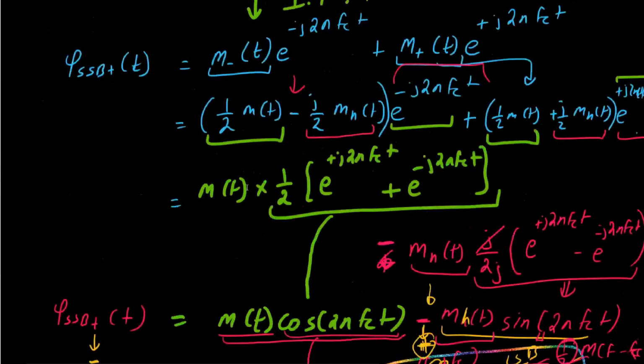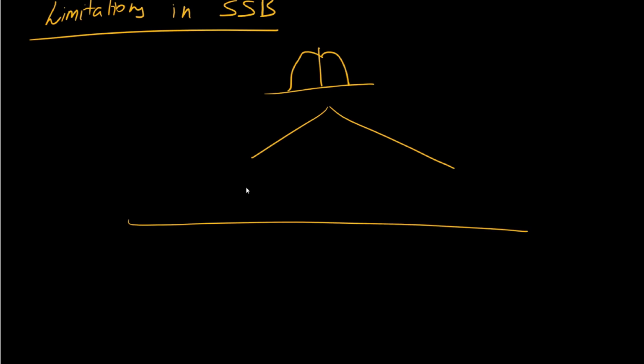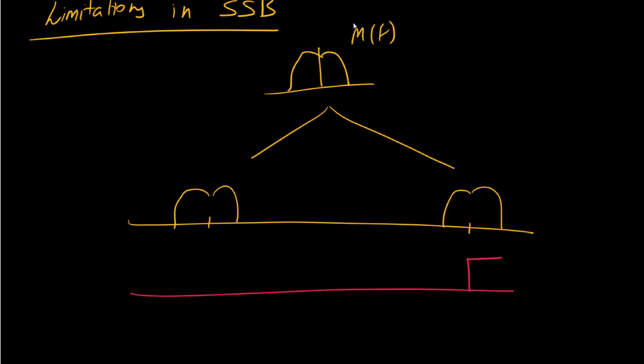So this means that, say we have a message signal which has this shape, and in a way, what we're trying to do is put a filter on this M of F, say a high pass filter.